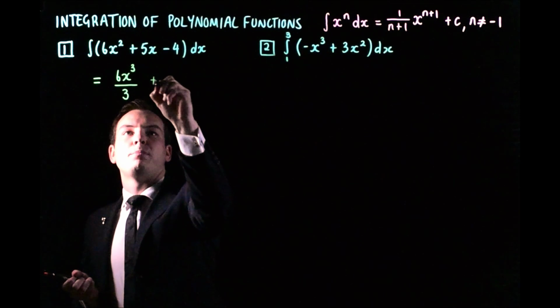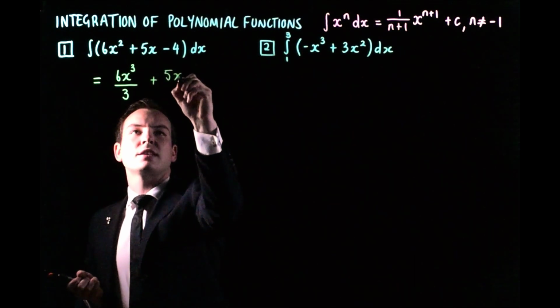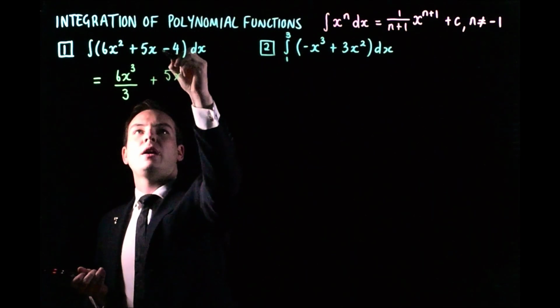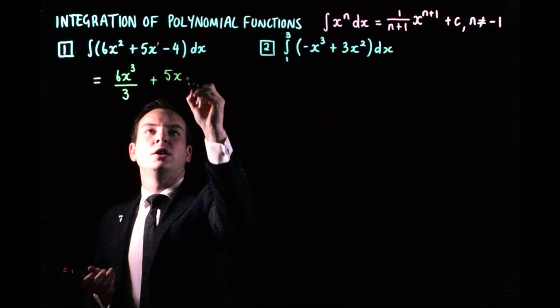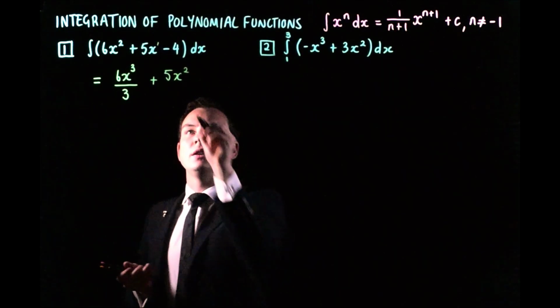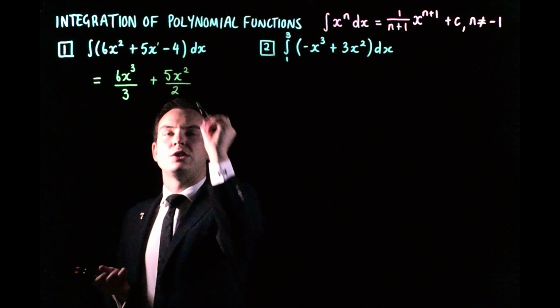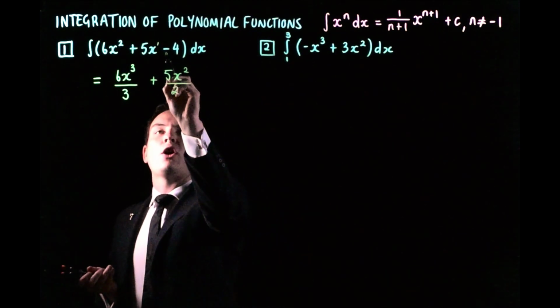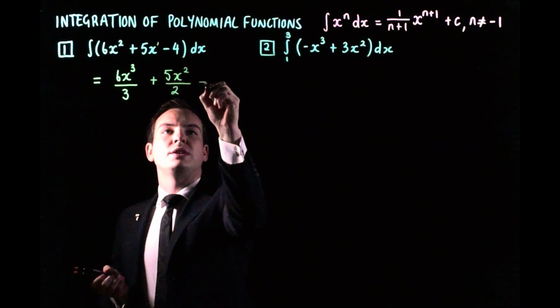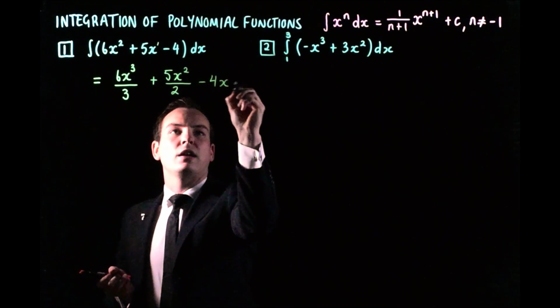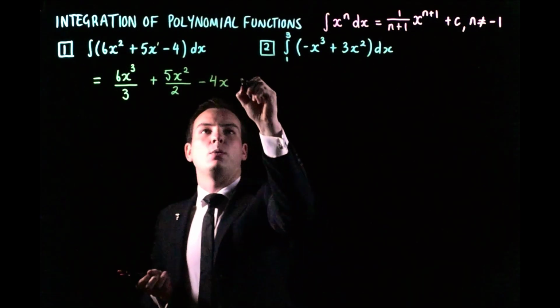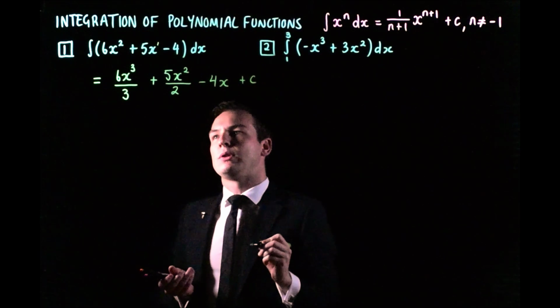And then we're still going to have plus 5x, but now when we add 1 to that power, this was a power of 1, we're now going to have 5x squared, and we divide by the new power, which is 2. And then when we have a constant like minus 4, we simply introduce the variable x, and we get a plus c value here.